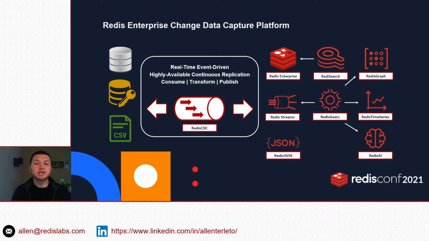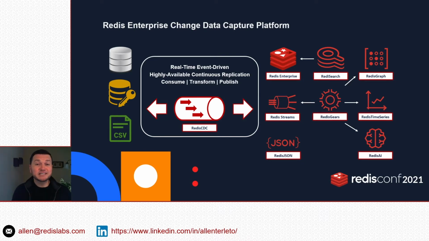Once consumed, change data events can be transformed or enriched before being published to one or more targets by RedisCDC. For example, a popular use case is to use RedisCDC to continuously replicate change data events from a relational database to a Redis hash or string or JSON model. Since relational databases rely on SQL, it's not a surprise that users for this use case predominantly rely on Redis search for real-time SQL-like querying based on secondary indexing.